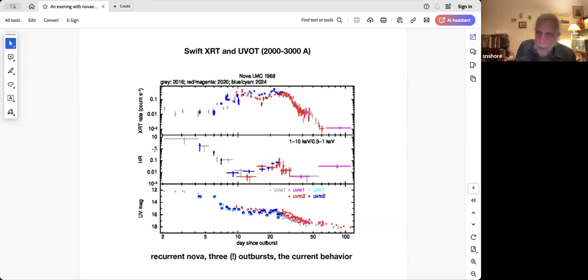So again, I'll get back to that, but I just want to emphasize this point, because once the energy is concentrated in the so-called softer region, that is an indication of nuclear processing. And this is the other part of the nova explosion that I want to emphasize.